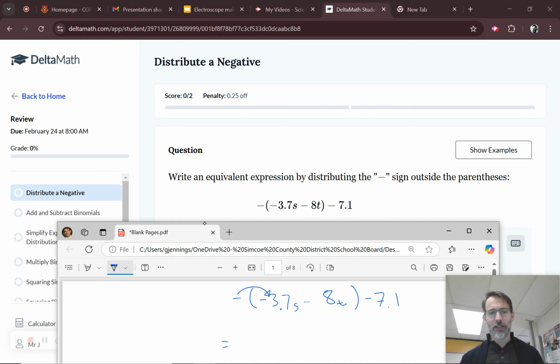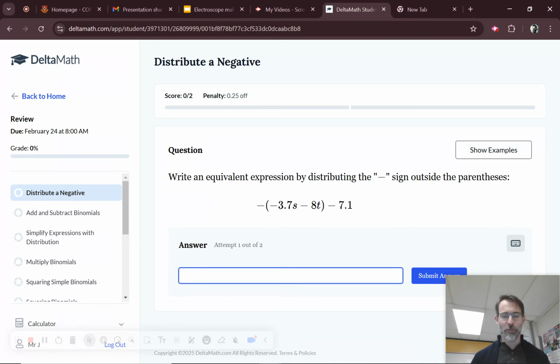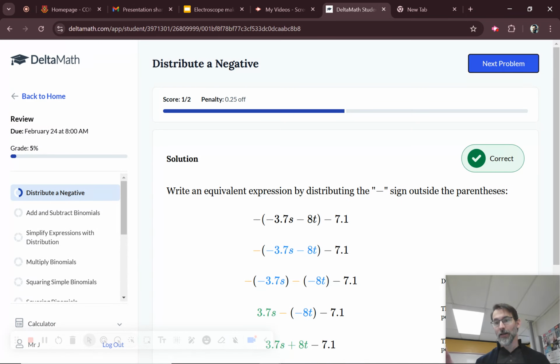This minus is actually minus that plus minus that. So our equivalent expression would be 3.7s positive plus 8t also positive minus 7.1. So that's not so bad. And don't forget to give yourself a pat on the back when you do these correctly.